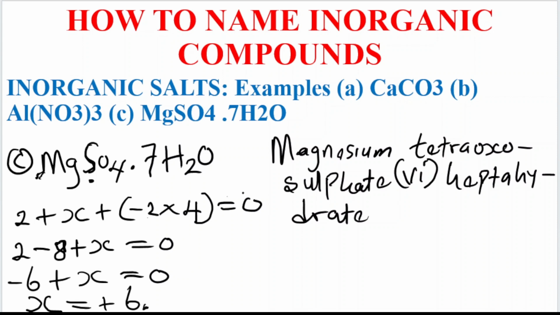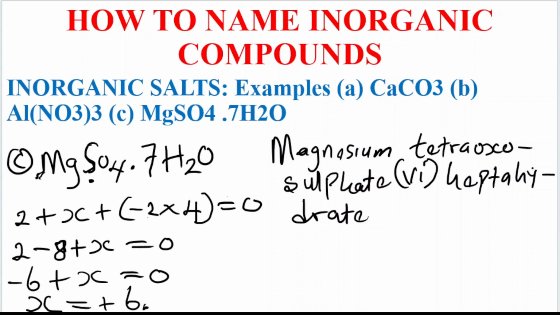Tetraoxosulfate 6, the charge of the sulfur. Then it has water of crystallization, and we need to give the water a name too. Hepta means 7. Hydrate means water, the presence of water. Heptahydrate. It's very, very simple.